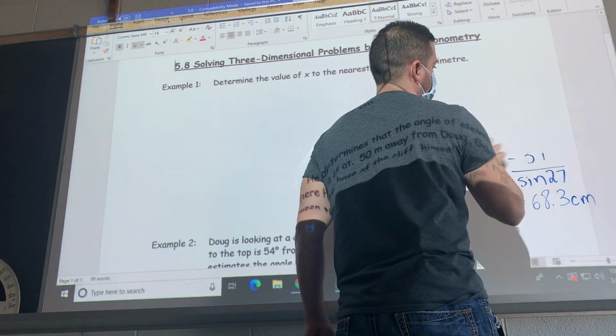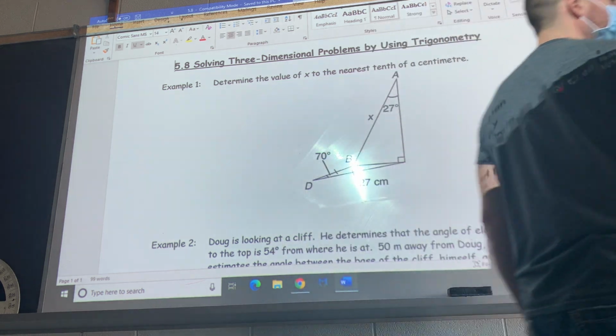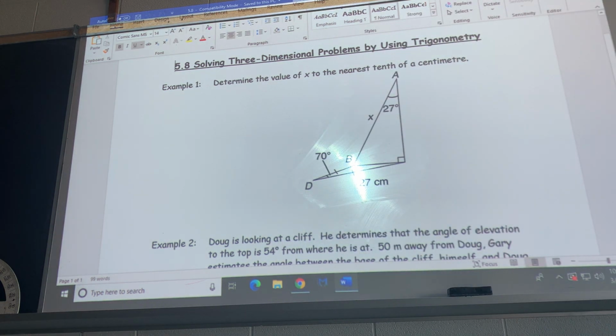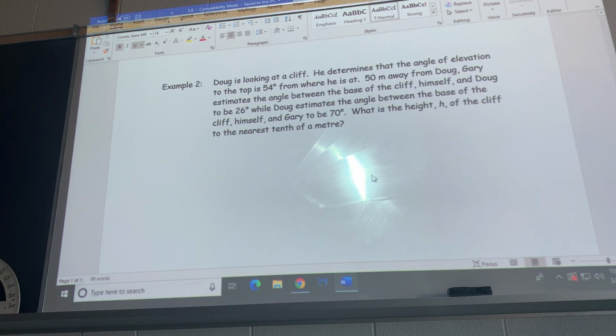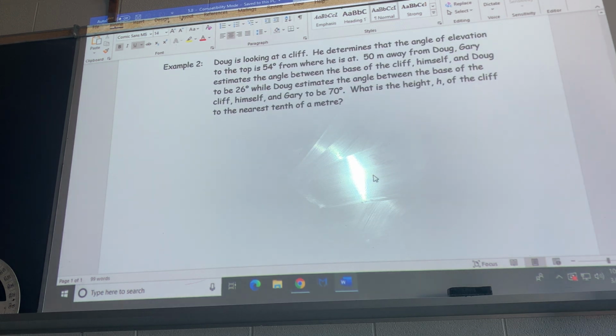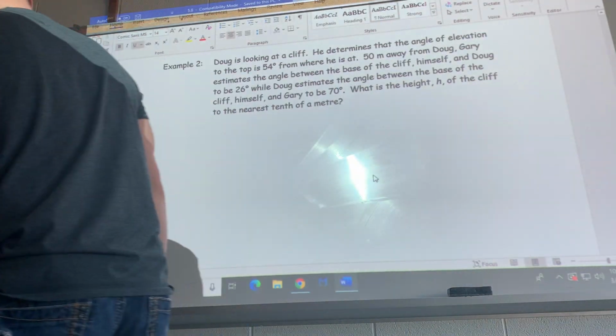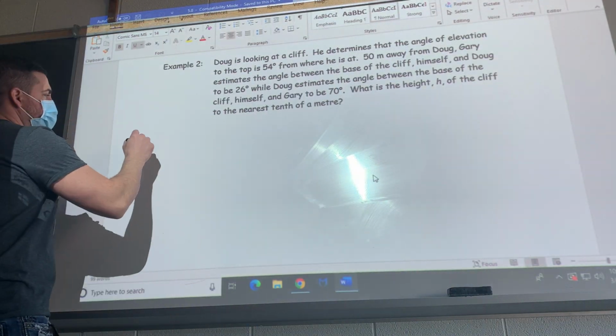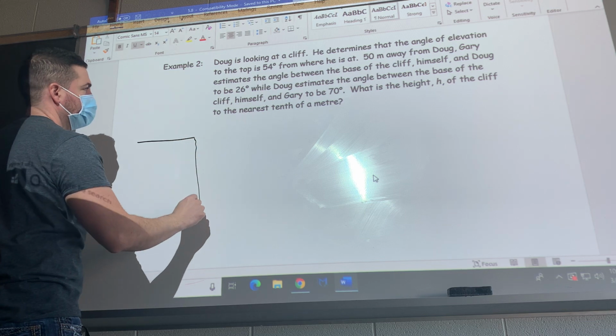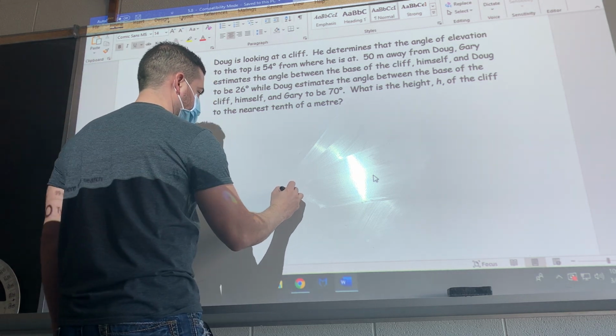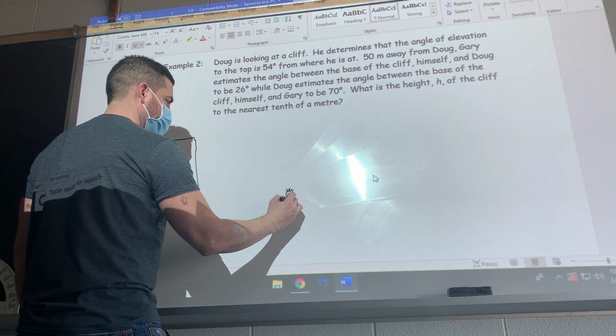Okay, last one. Okay, so Doug is looking at a cliff. Let's draw a cliff here. Here's Doug. He's got spiky hair.